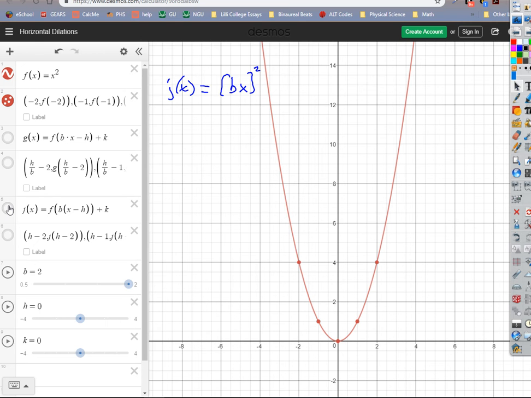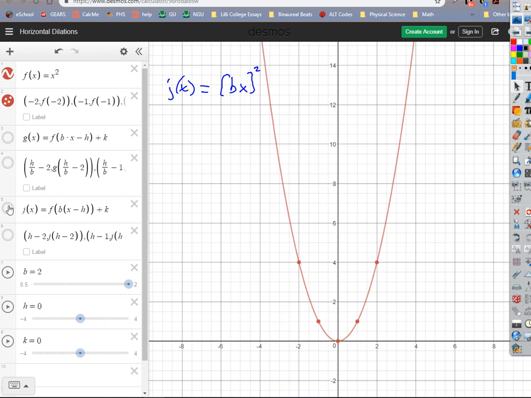So when we add a number outside the function, it's a vertical translation. When we add or subtract a number inside the function, we get a horizontal shift, right? Okay, so let's make an analogy here. When we multiply outside the function by a dilation factor, it dilated it vertically. What do you think is going to happen if I multiply inside the function? It's going to dilate it horizontally. That's correct.